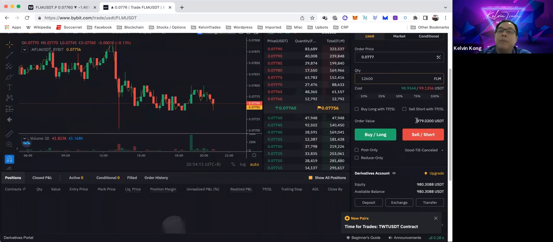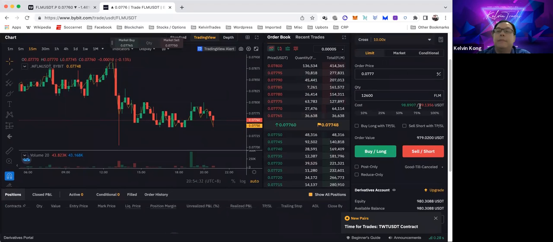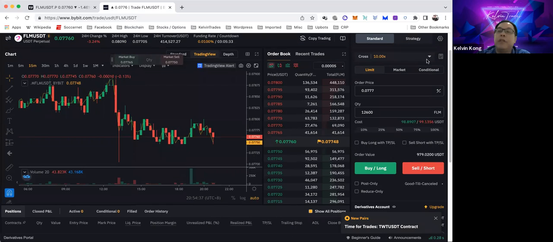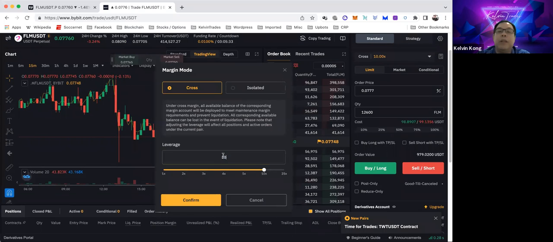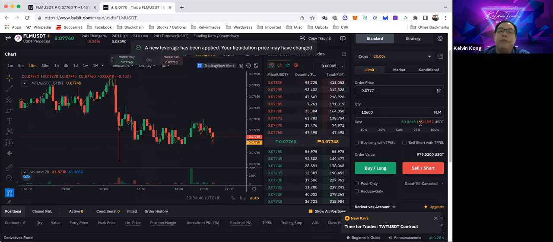So this is my position size, $979, because I'm using 10x leverage. That's why I'm paying $99. This cost here includes your fees. Y'all get it so far? If I were to change this to 20x, for example, now my cost goes down to $50.